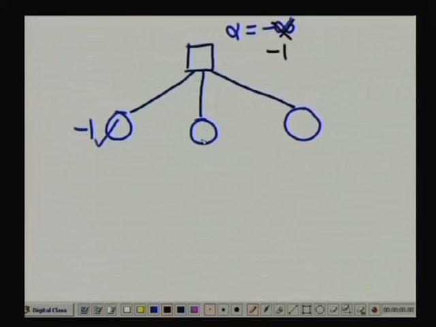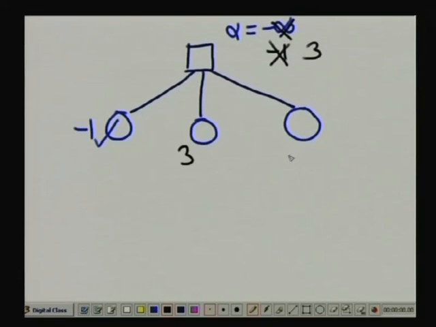Then we evaluate the beta value of this min node, right? Or rather, when we find the value of this min node, if its value is, let us say, 3, then the alpha value is updated to 3.